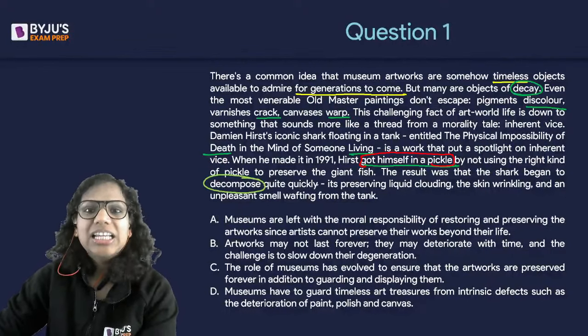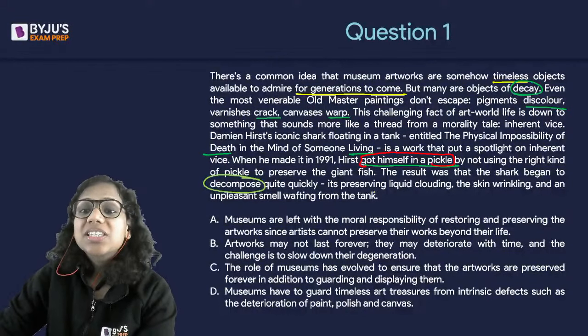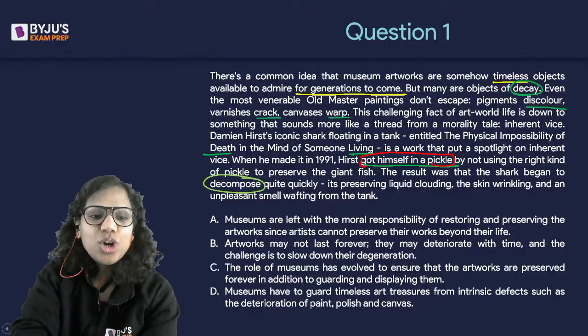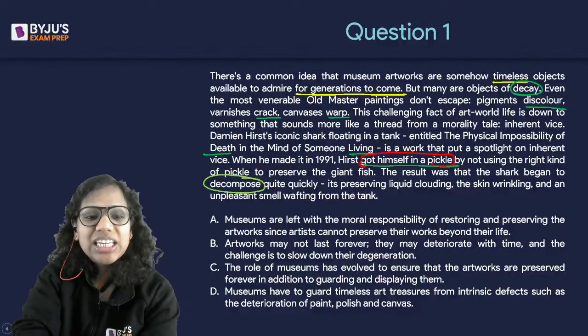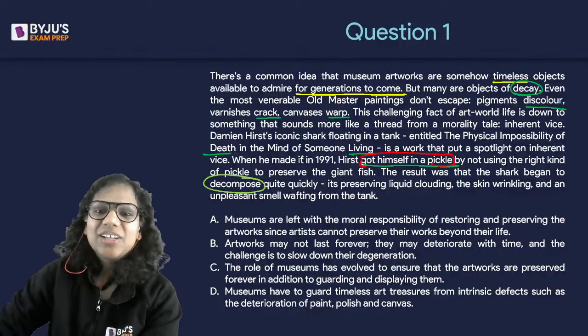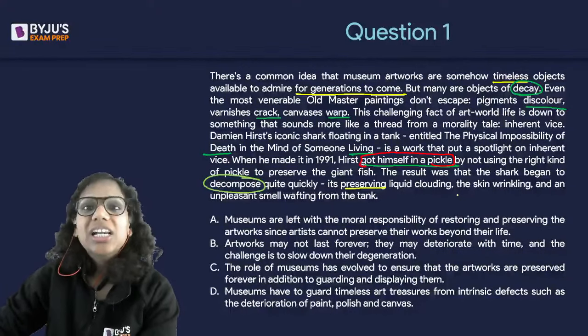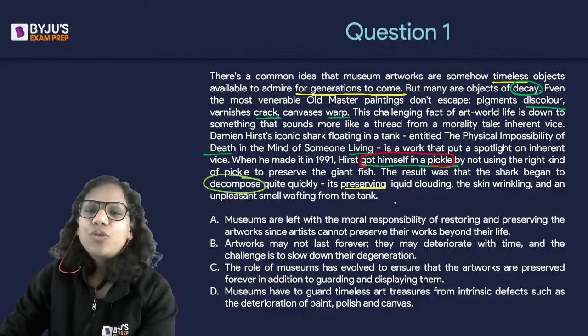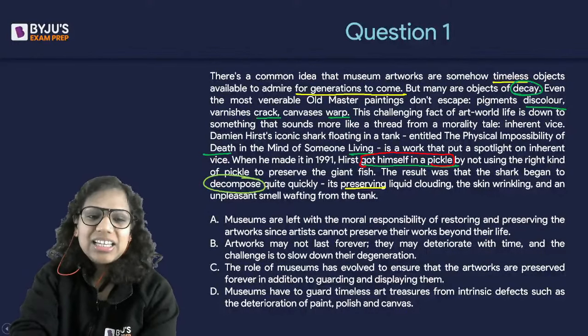So decay, decompose. It's preserving liquid clouding. So it was not timeless. It could not be preserved. So preserve, decay, opposite ideas, right? It's preserving liquid clouding, the skin wrinkling, and an unpleasant smell wafting from the tank, right?